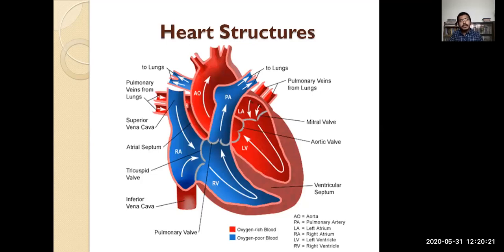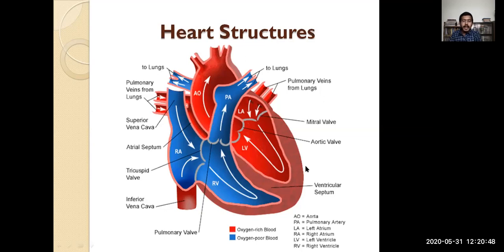On discussing about the general gross or morphological structure of the heart, this heart is mainly made up of two atrium, the right atrium, left atrium, and two ventricles, right ventricle and left ventricle. In between these right and left atrium, there is presence of the interatrial septum, and in between these two ventricles, there is presence of interventricular septum.